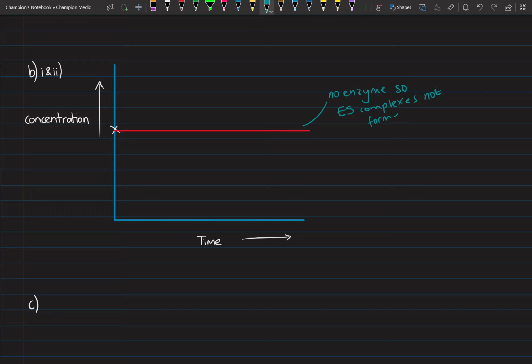There will be no change from the initial point of adding all the way to the end.